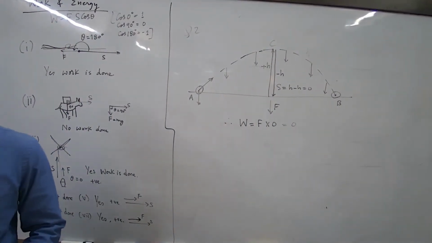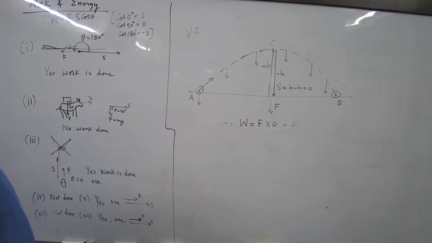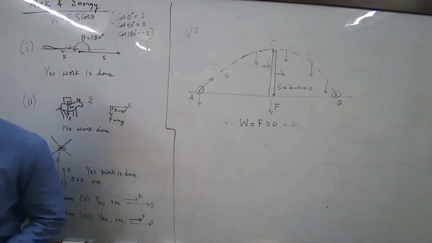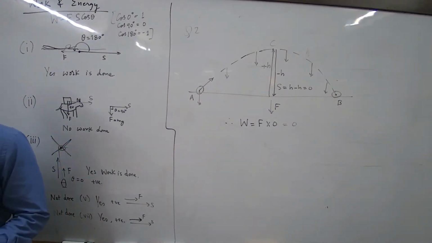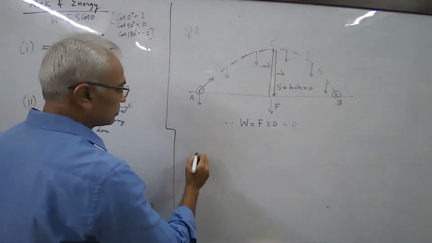Next. A battery lights a bulb, describe the energy changes involved in the process. In the battery, chemical energy. So what is happening? Battery lights a bulb.